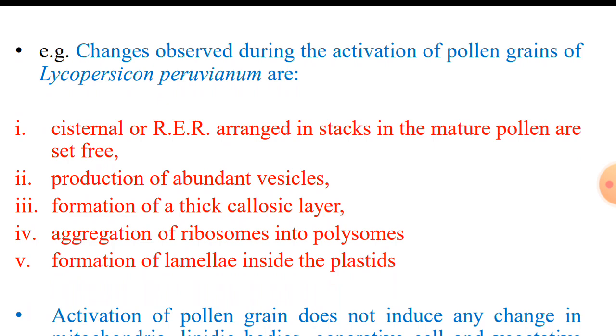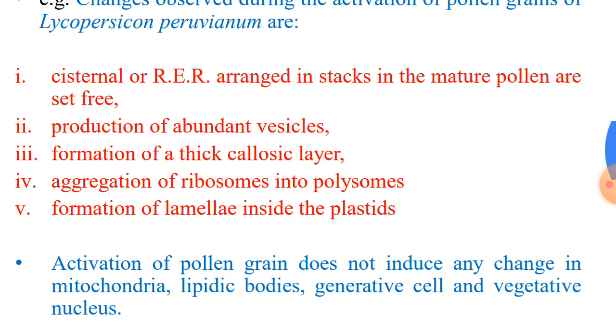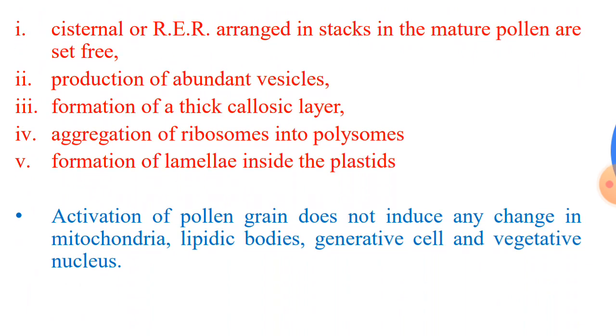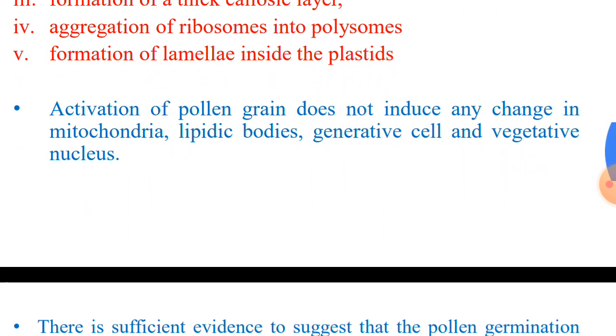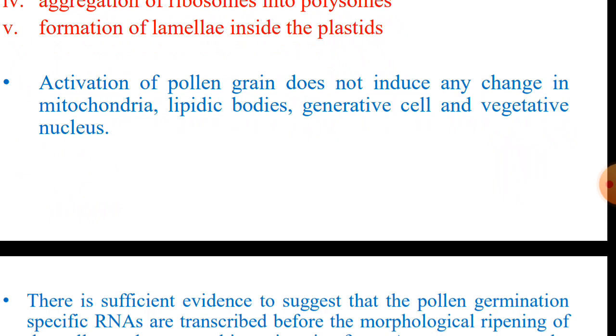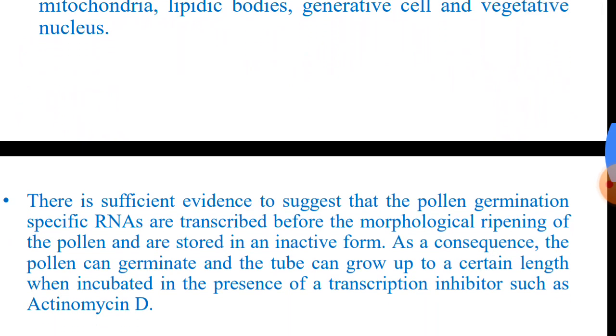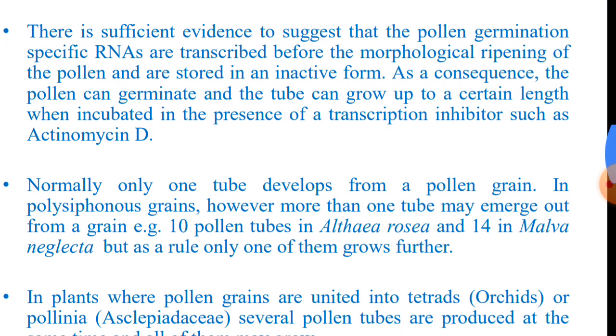The cisternal or rough endoplasmic reticulum arranged in stacks in the mature pollen is set free. Production of abundant vesicles, formation of a thick callosic layer, aggregation of ribosomes into polysomes, formation of lamellae inside the plastids. Activation of the pollen grain does not induce any change in mitochondria, lipidic body, generative cell and vegetative nucleus.